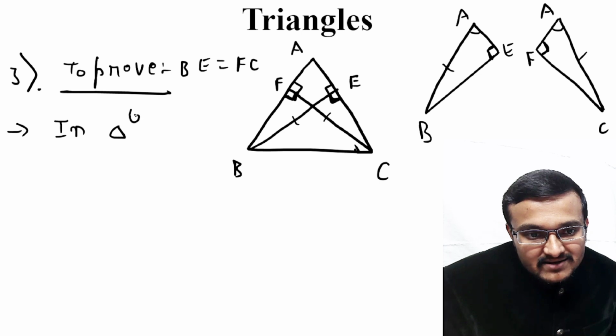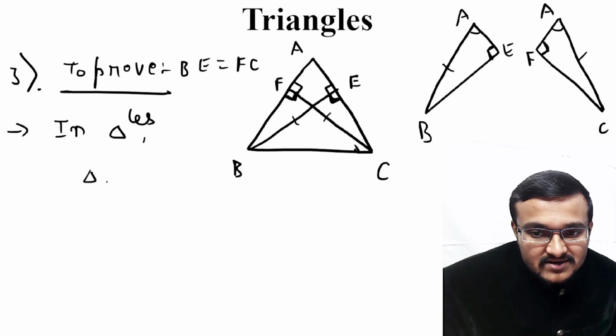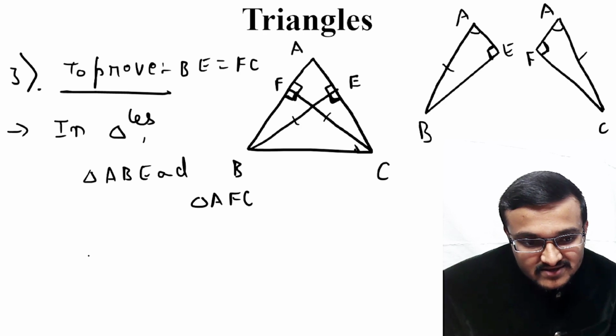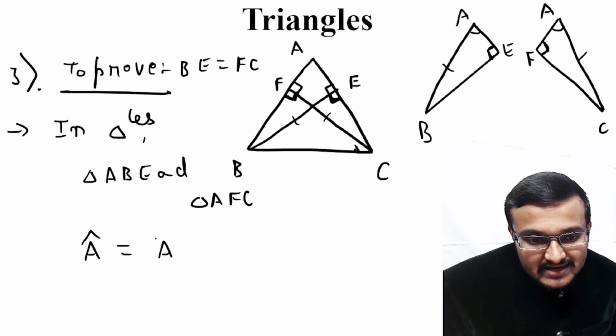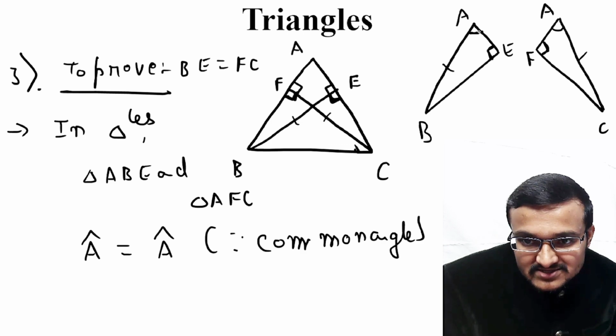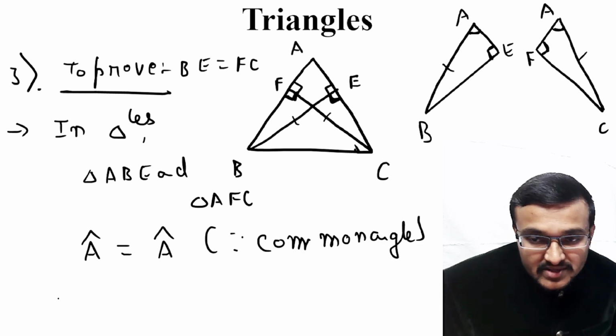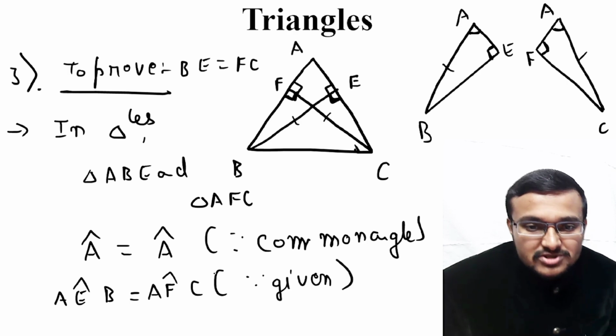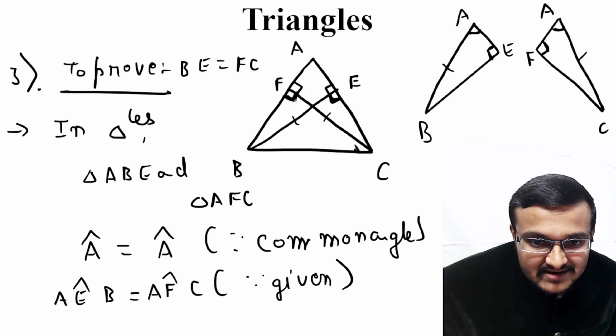So in triangle ABE and triangle AFC, here we have to consider angle A is equal to angle A because this is a common angle, and angle AEB is equal to angle AFC, which they have already given, because they have given that this angle and this angle are 90 degrees.